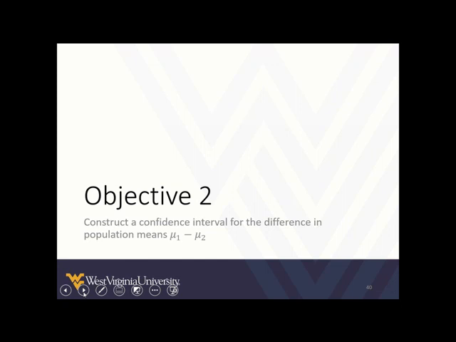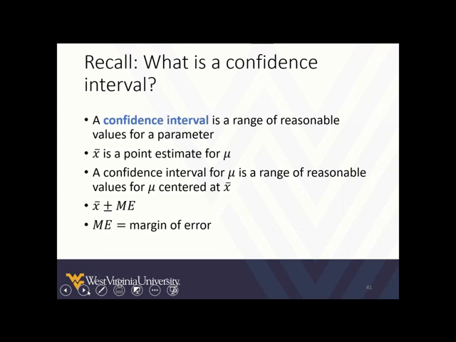Okay, so now at this point, this does bring us to our second objective, and that's to construct confidence intervals for our differences in the population means mu1 minus mu2. Now, just as there was before, we do have the 3 different cases. I'm going to go through them relatively quickly and then do 3 examples. And so just a brief recall, what is a confidence interval?